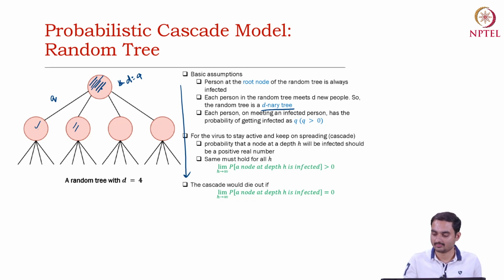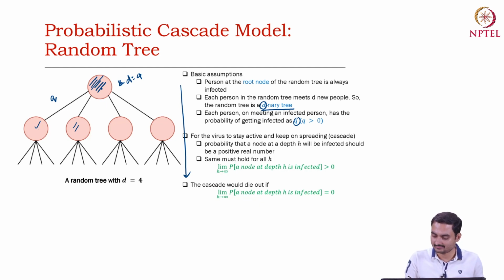What we are interested in understanding is for which values of d and q the virus will spread, the spreading process will go on and on, and the epidemic will last forever. That's the probability that we will try to measure in terms of q and d.